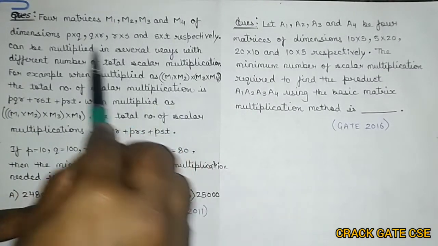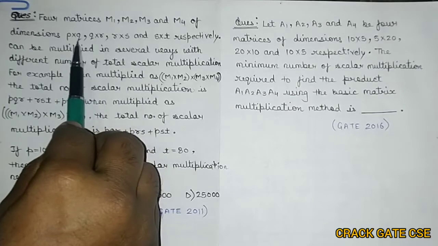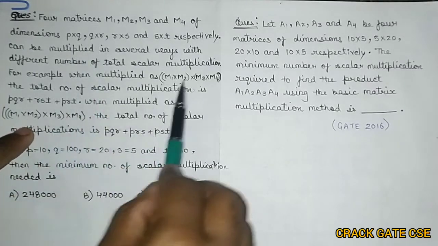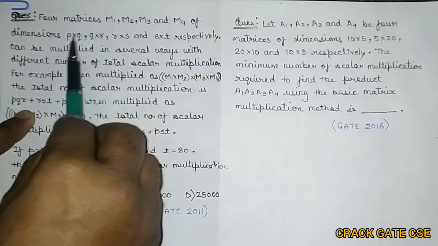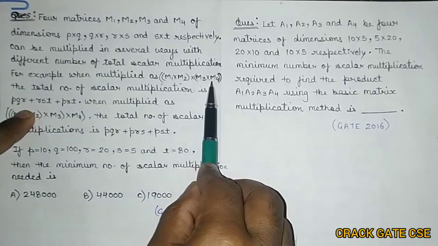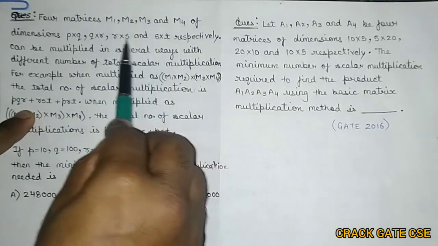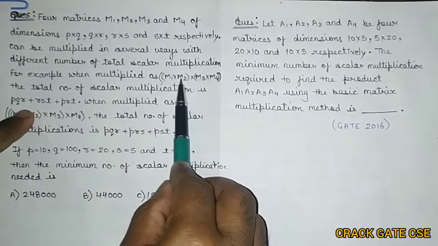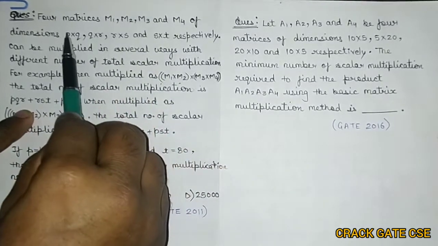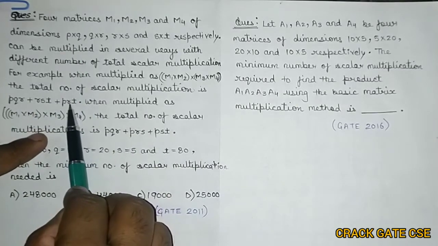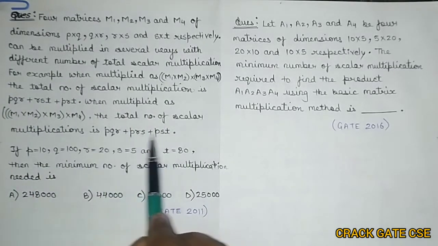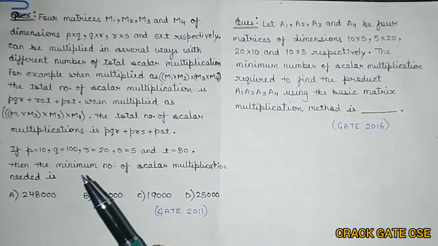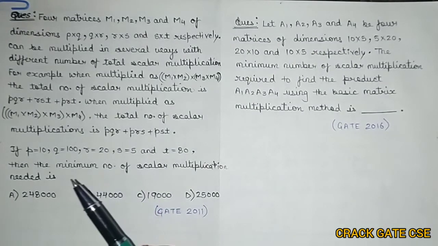For M1 and M2 the dimensions are pq and qr, so multiplying M1 and M2 costs pqr. Multiplying M3 and M4 costs rst, and when we multiply these two results together, it costs prt. So this is just a kind of definition of matrix chain multiplication.